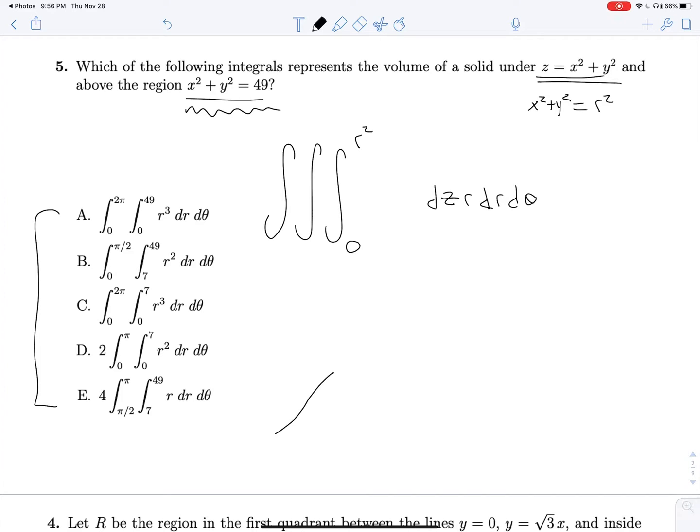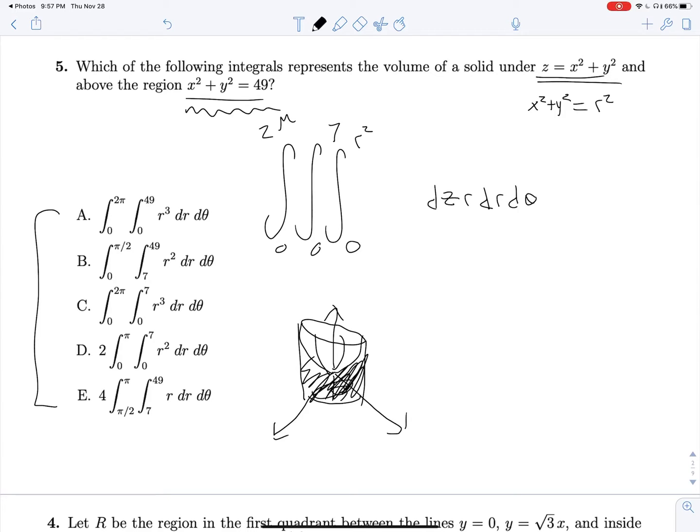Because if we graph this thing, we're going to have this circular paraboloid opening up here, and it only stops opening up when it gets to a radius of 7, because we're bounded on the bottom by that thing, and that's kind of cutting it off up here. So we're looking at this volume in here, and so r is going to run from 0 to 7, and theta, well, we want the whole thing, so from 0 to 2 pi.